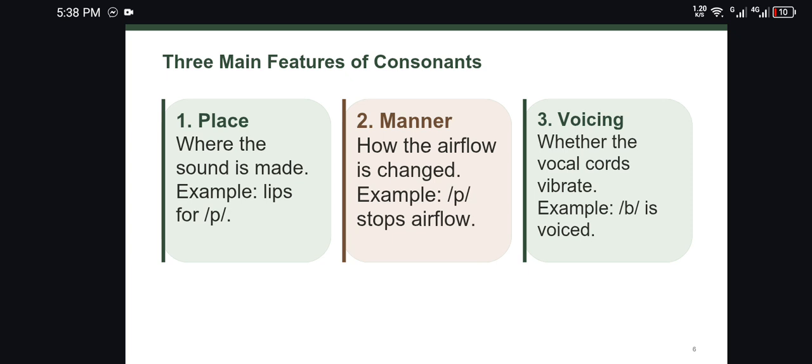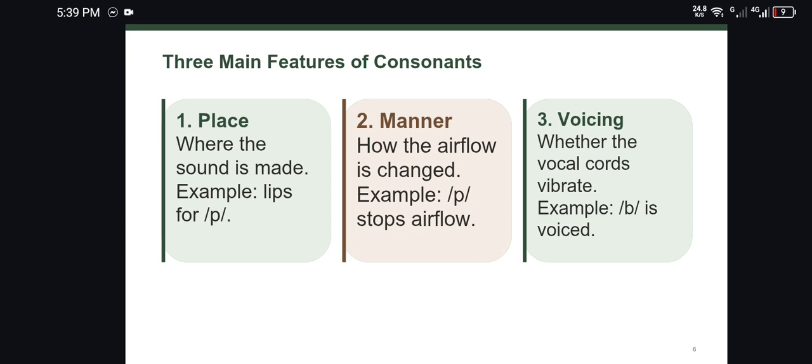Next, what are the three main features of consonants? We have the place, manner, and voicing. Place means where the sound is made. For example, a sound is made from our lips when we pronounce it. Second, the manner, how the airflow is changed.